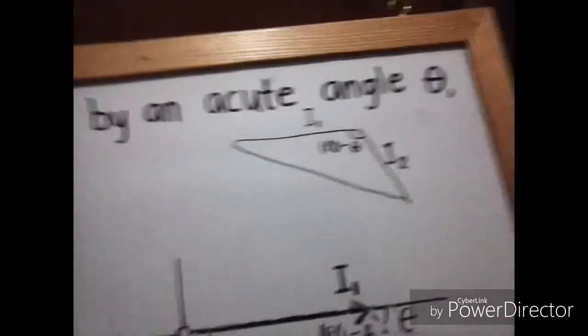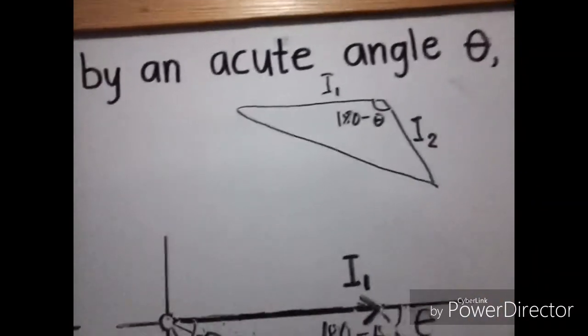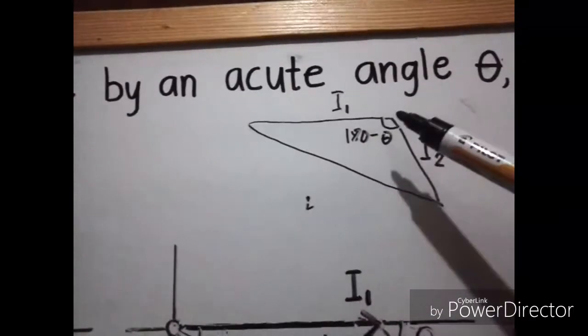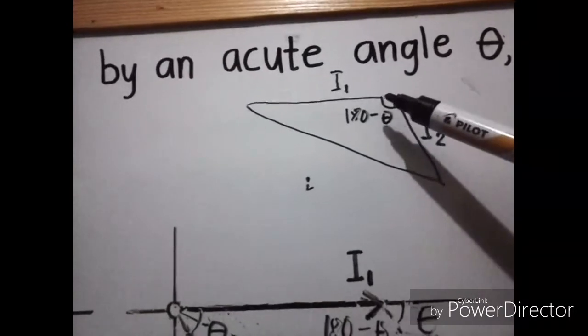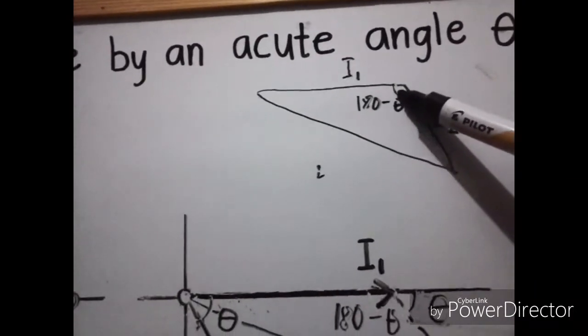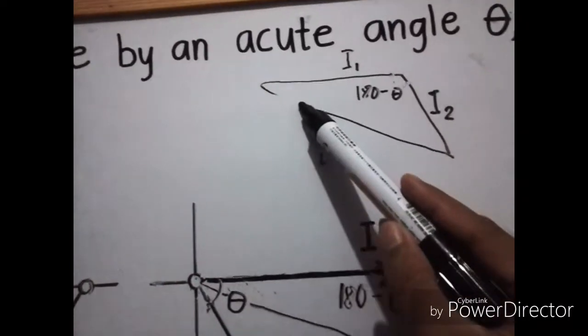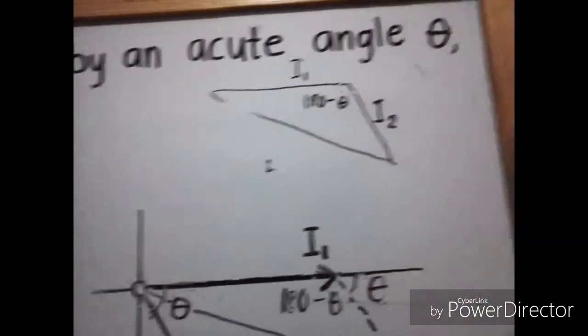Remember the cosine law? When these two sides, I1 and I2, and the angle between them are given, we can find this side using the cosine law.